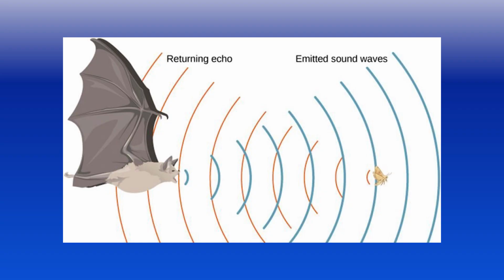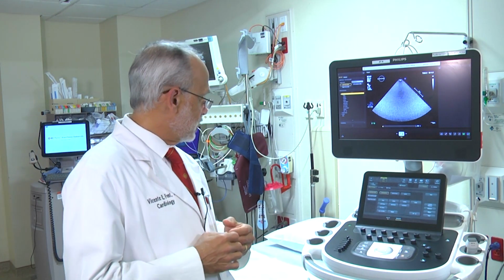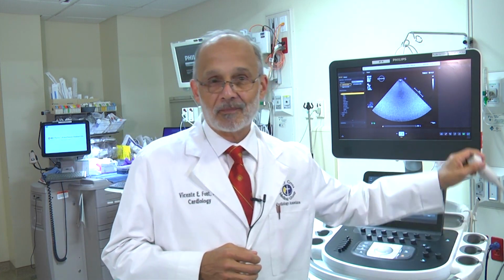To put it in simpler ways, think of a bat flying around when trying to understand cardiac ultrasound. A bat is flying around and echolocates by sending out streams of high-pitched sounds through its mouth or nose, in our case, the echocardiogram transducer.